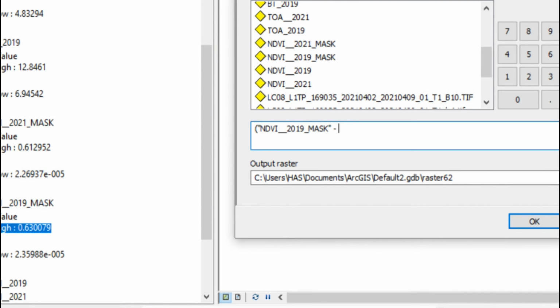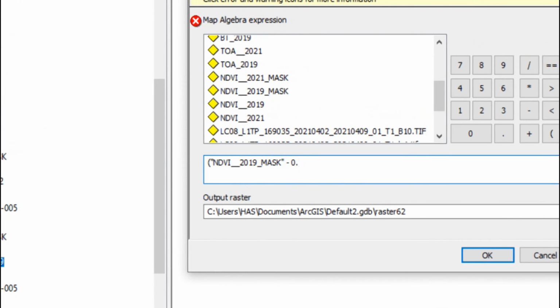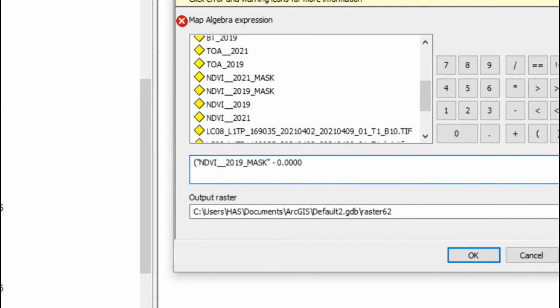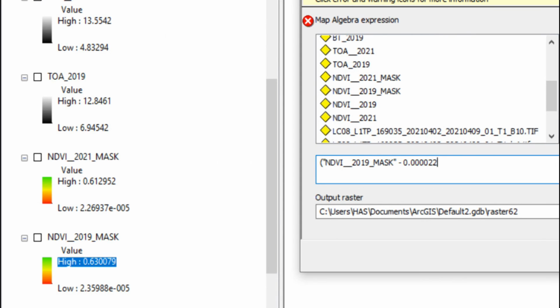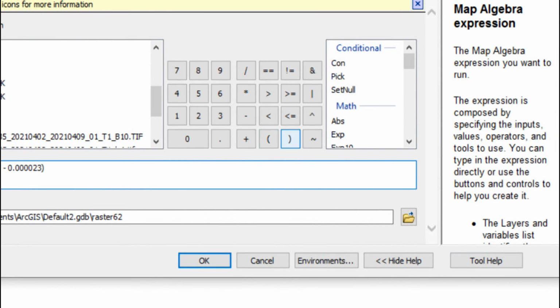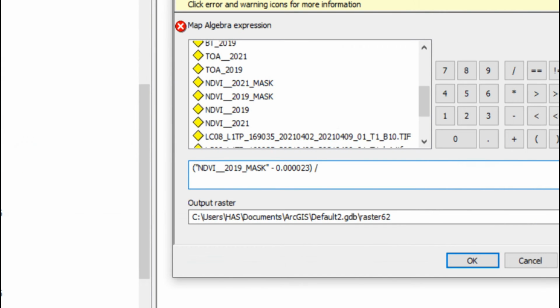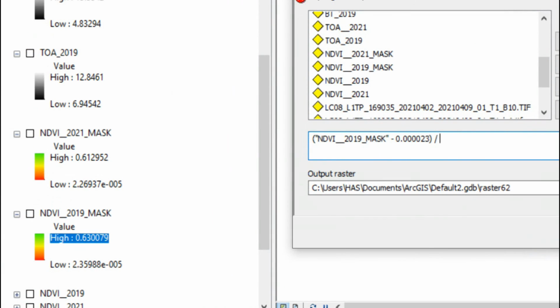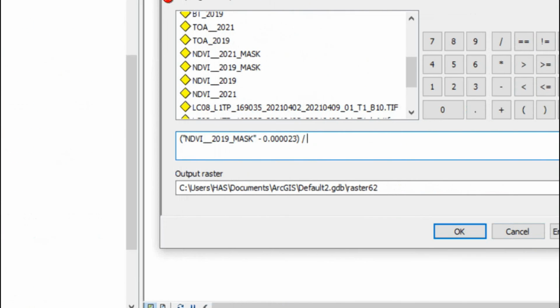So we will put this value, 0.00023, divided by the maximum value of NDVI. Which one? The 2019, because we have only 2019.